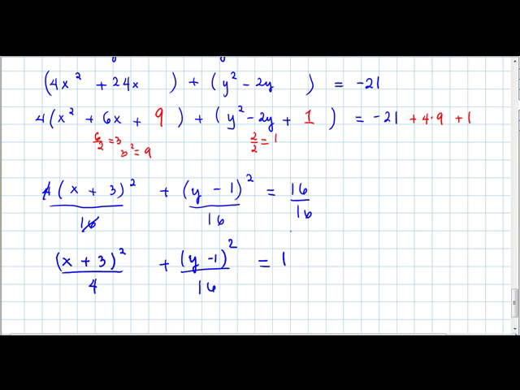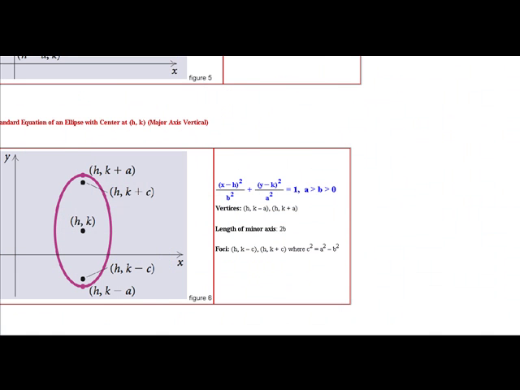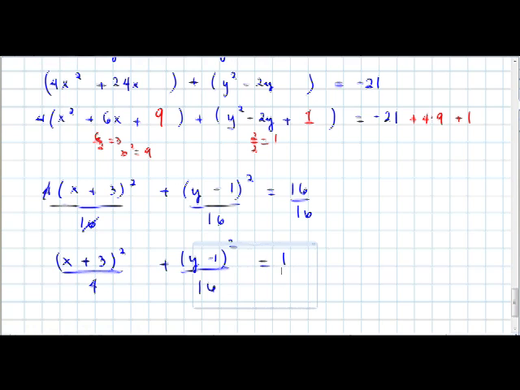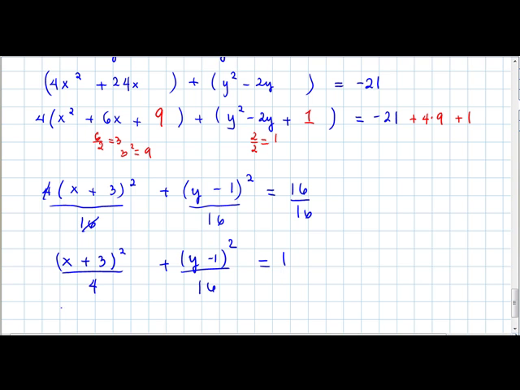When I'm done with this, I'm going to go back to my notes and see which one I have. So I know my h and my k right away. I see that my h is minus 3 and my k is 1.